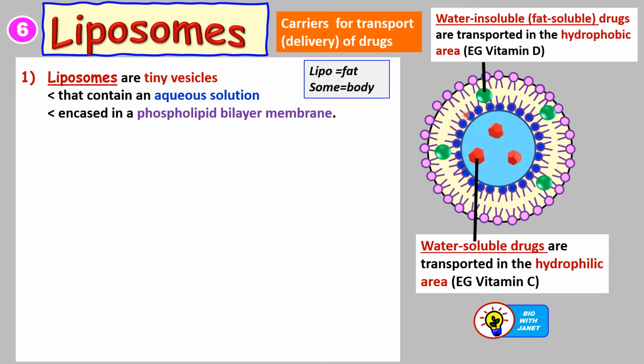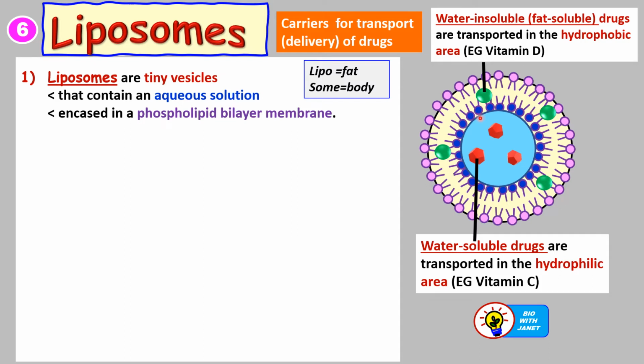All right. Now, if you look at this phospholipid bilayer membrane, you'll see that it is very much like the structure of the plasma membrane of cells. Okay. Now, you see, a phospholipid molecule consists of a hydrophilic head, the pink round structure here, or the blue one here, and this is water loving.